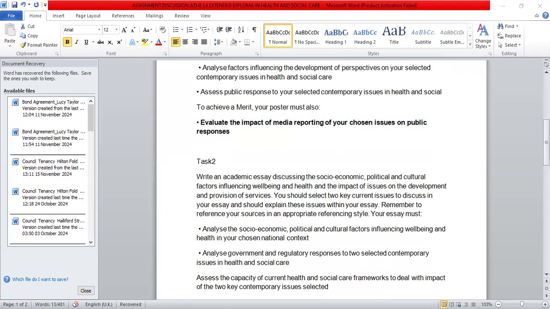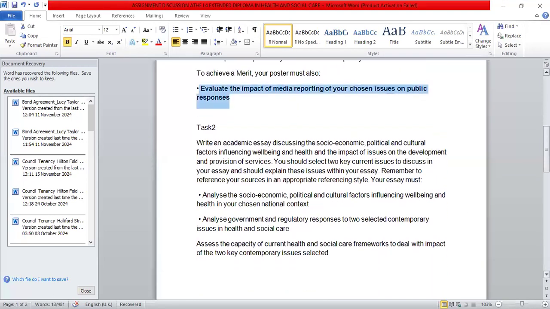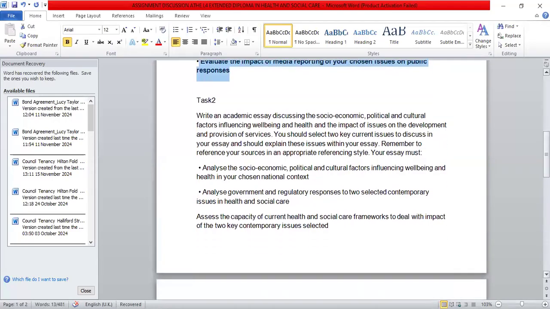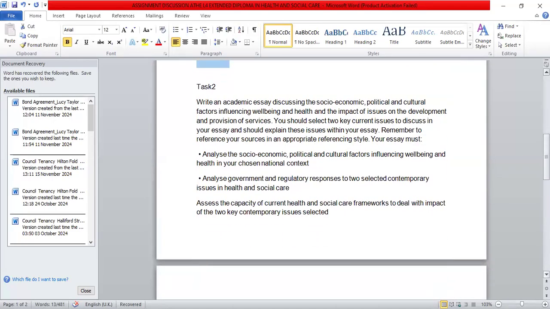We are looking at writing an academic essay discussing the socioeconomic, political, and cultural factors influencing the well-being and health, and the impact of issues on the development of professional services. You should select two key current issues to discuss in your essay and explain these issues within your essay. Remember to reference your sources as appropriate.